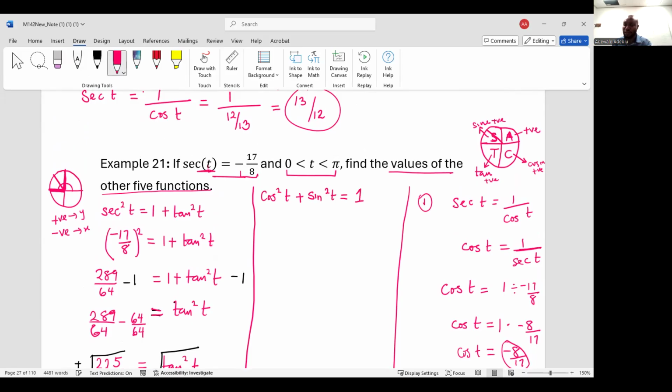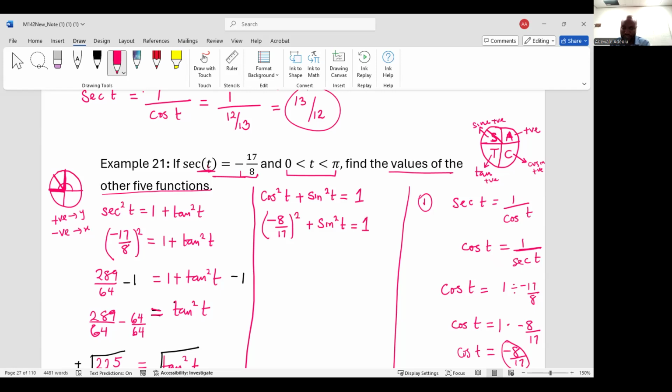I found that cosine of that angle is negative 8 over 17. So negative 8 over 17 all squared plus sine squared of T equals 1.